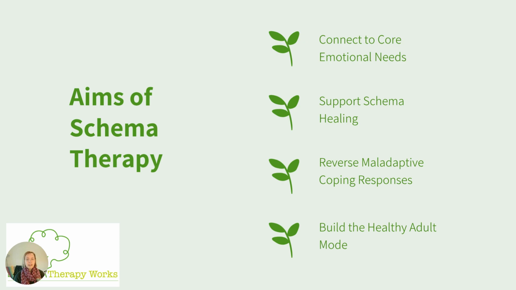Okay, so just thinking about the aims of schema therapy. One of the first aims is to connect to core emotional needs. To many clients, emotional needs come as a surprise. They don't recognize that they have them, they don't know what they are, and they struggle to connect to what their needs are.